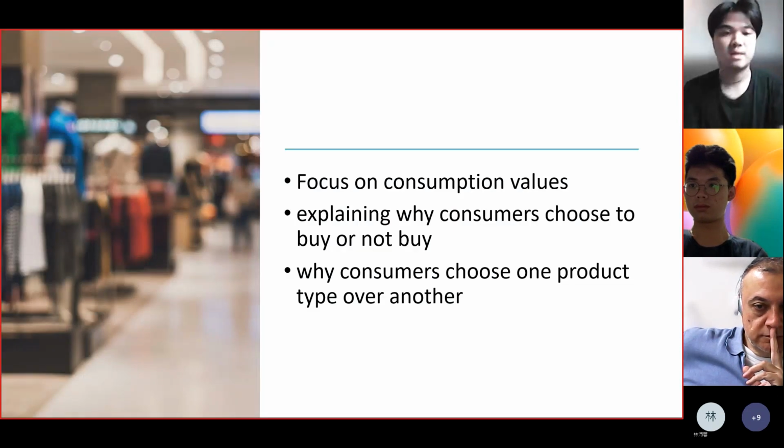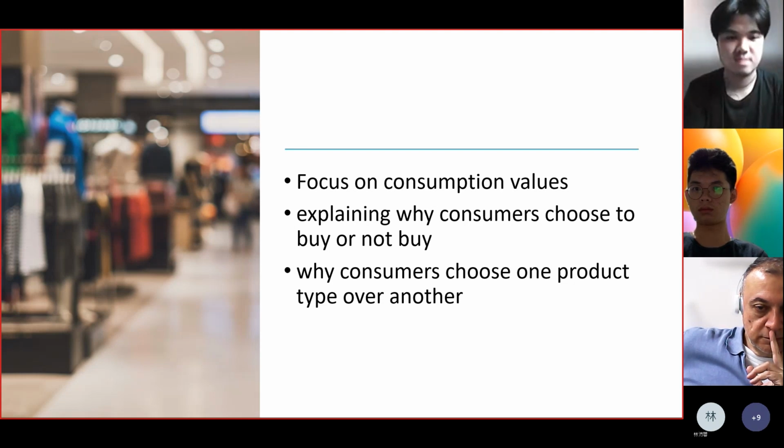We will use this theory because it focuses on consumption values and explains why consumers choose to buy or not buy a product, and why consumers choose one product type over another. It means in this case, we want to search for the factors why people want to retain their premium subscription.